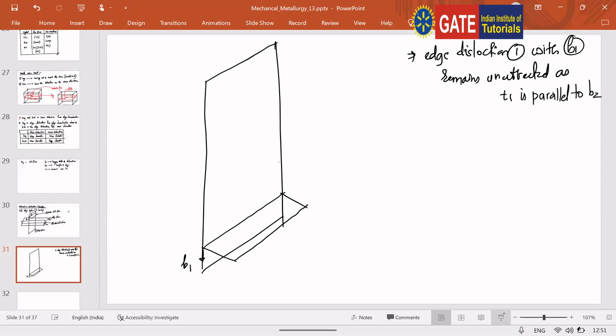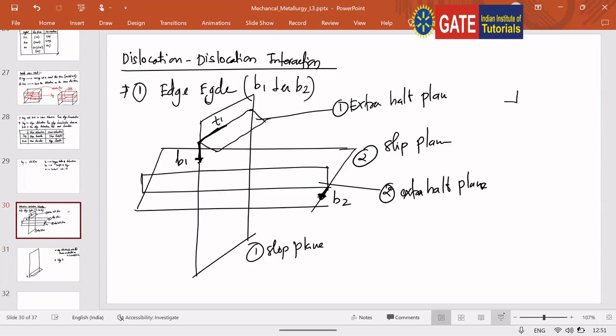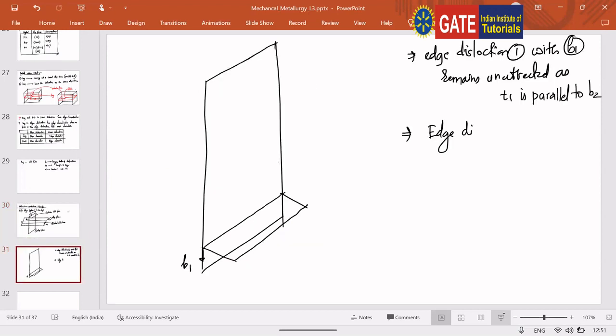What will happen to the edge dislocation 2? See what is happening. It is like this knife is trying to cut it down, right? So it will have a jog. Let me show you how it looks.